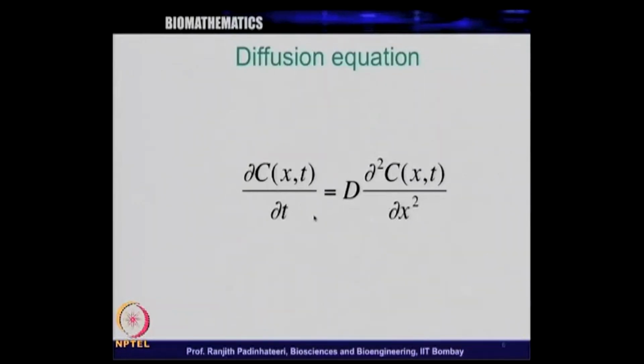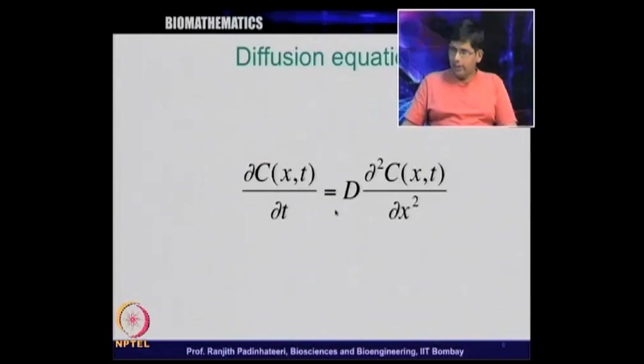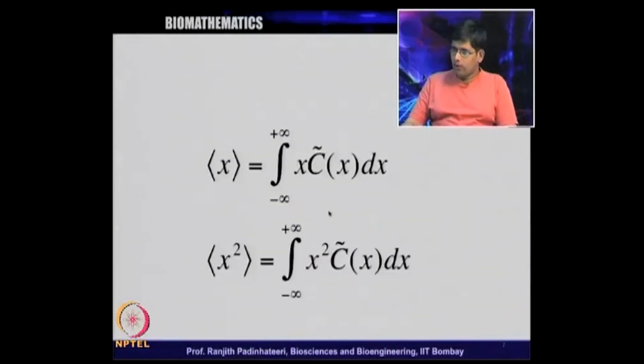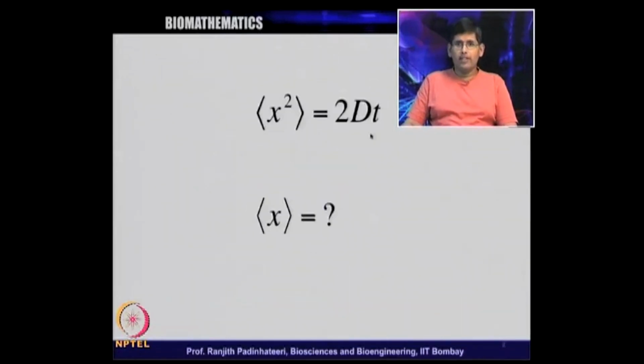And we defined two quantities, x average as the integral of x c tilde dx from minus infinity to infinity, and x square average as the integral of x square c tilde dx from minus infinity to infinity. We also saw that x square average is 2Dt.